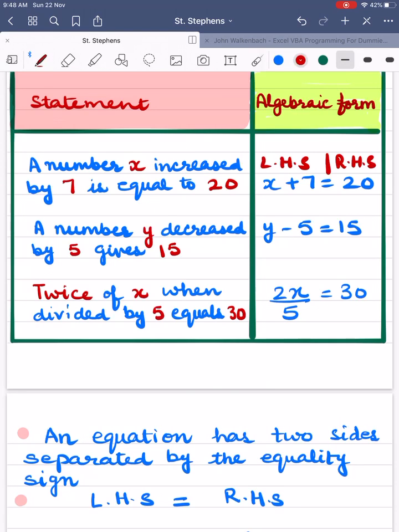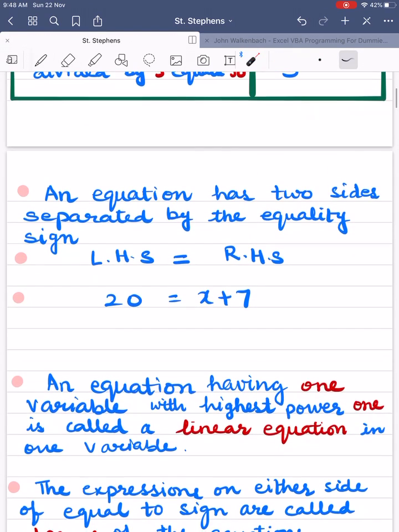An equation remains the same if its left hand side and right hand side are interchanged. So 20 is equal to x plus 7 can also be written as x plus 7 is equal to 20.